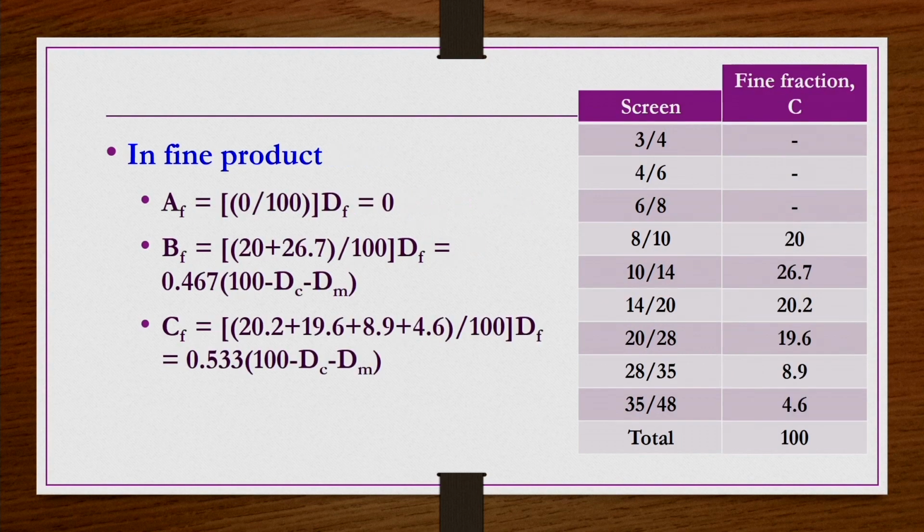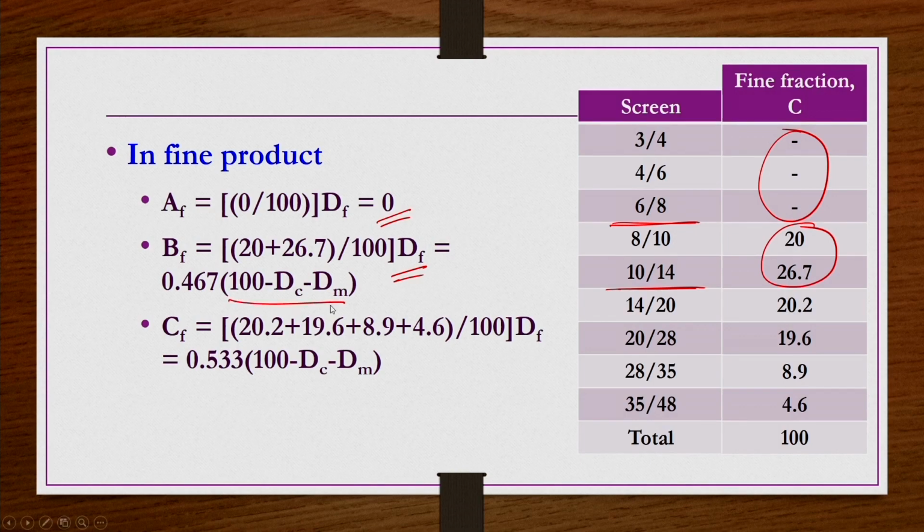Similarly, in the fine product, for the material retained up to 8 screen, there is nothing. So, AF equals 0, and then the medium fraction, that is passing through 8 but retaining on 14, has 20 plus 26.7 fraction. So, 20 plus 26.7 by 100 multiplied by df. That is coming as 0.467 df.